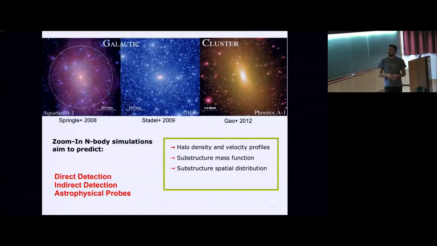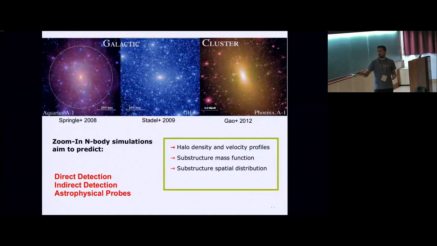The galactic-type structure, the zoom-in ones, care more about the internal structure of dark matter halos, what the density profile is, the velocity profiles, or how much substructure they have. And this is very important for other types of probes, mostly related to the nature of dark matter. For instance, in direct detection of dark matter, you need to know the amount of dark matter and the velocity distribution that you expect dark matter to have in the local solar neighborhood.